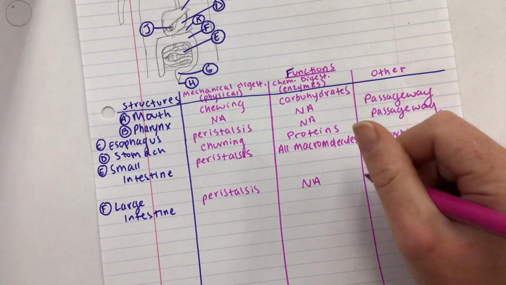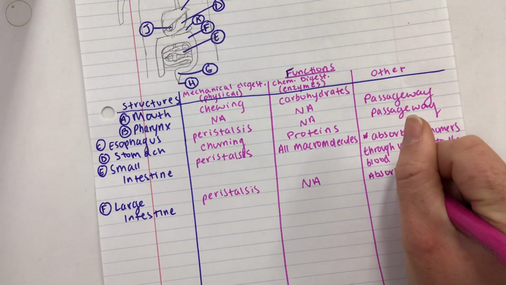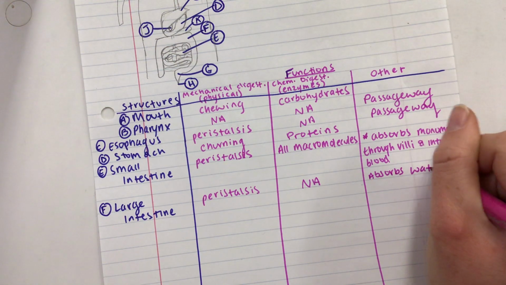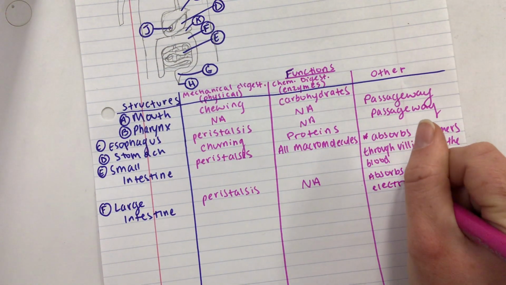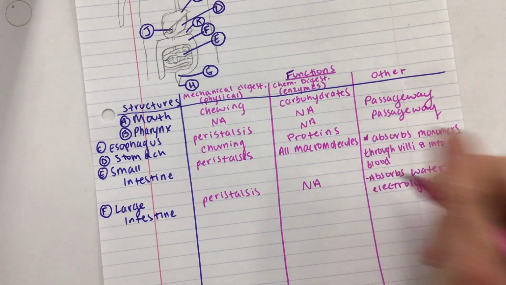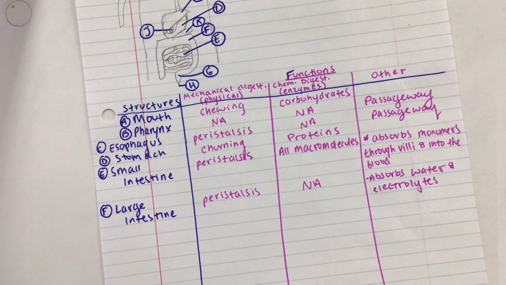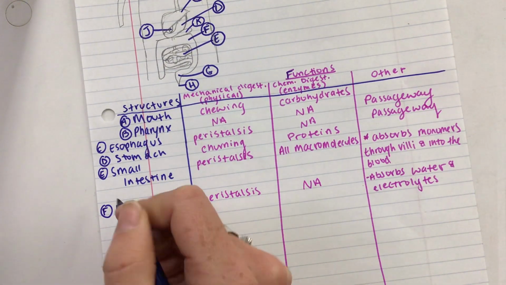But the large intestine absorbs water and electrolytes. So that's important. Just do a little dash so we can see it's a separate one. And we will now move on to the rectum, letter G.